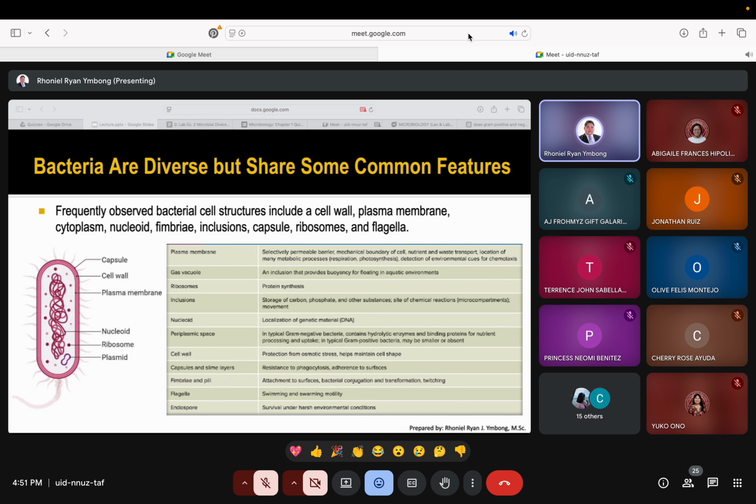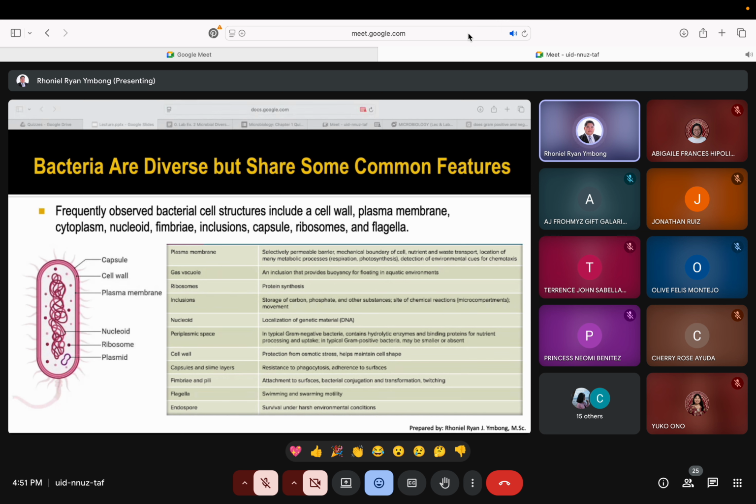During the conjugation process, they can exchange genetic material. So mo nilang gamiton ang pili and fimbriae. These are like bridges nga mo connect sa duha ka bacterial cell for them to allow genetic exchange. So conjugation is a way for them to maintain genetic variation.